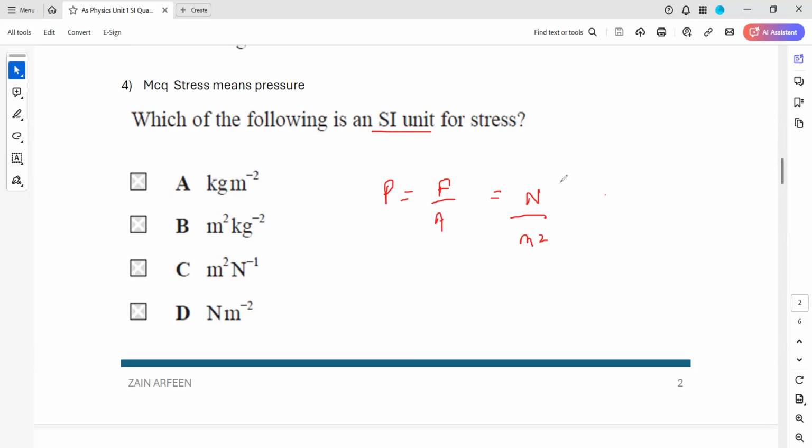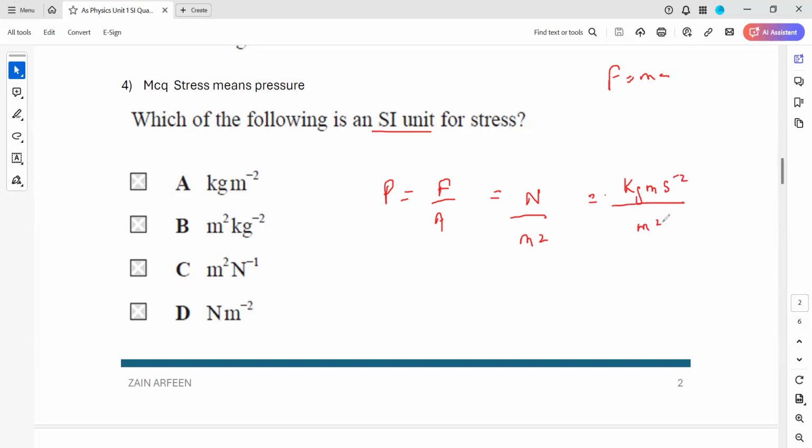Now what about the base unit? What is the base unit of the force? The Newton, because force F is equal to ma. So Newton itself is kilogram meter second minus 2, that is force.